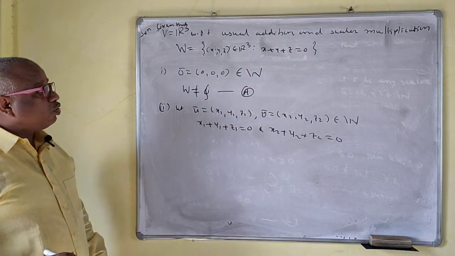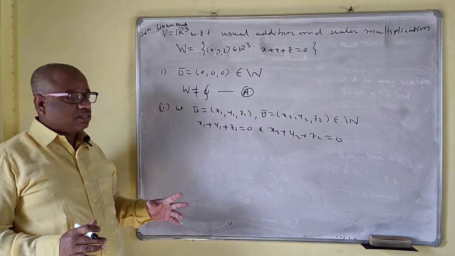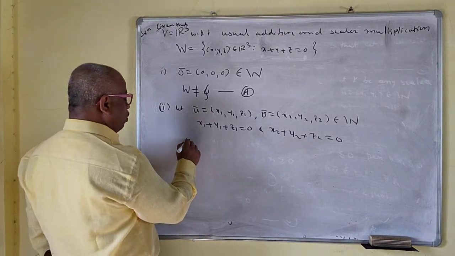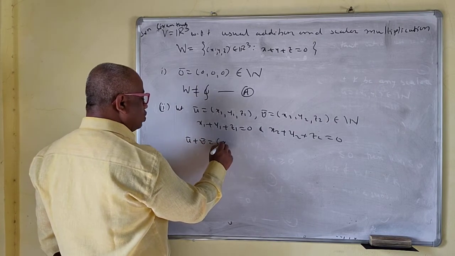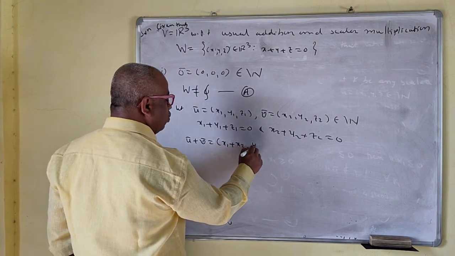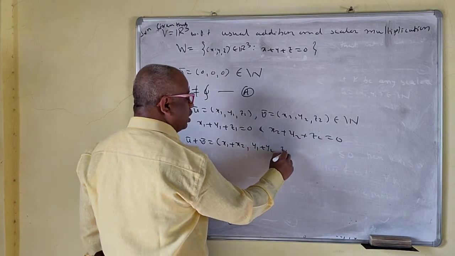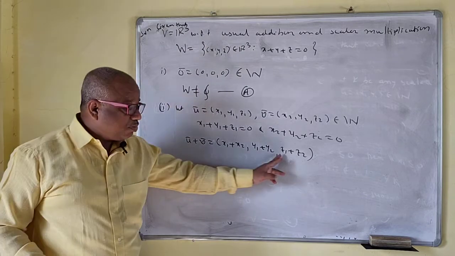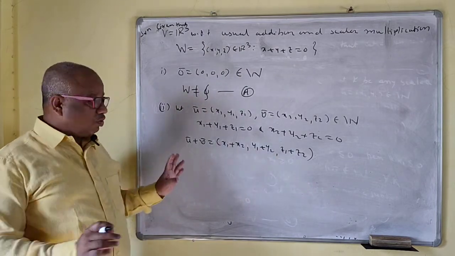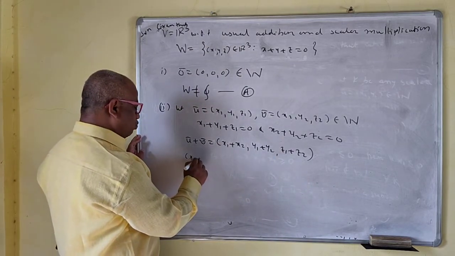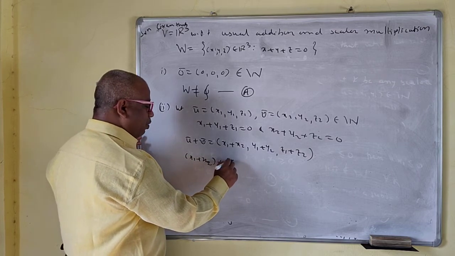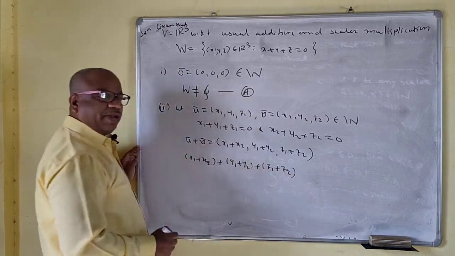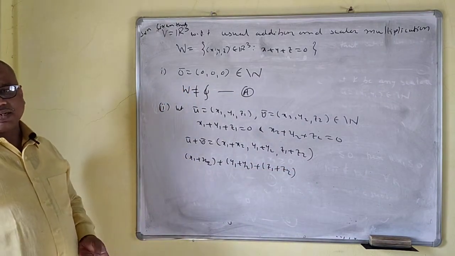Now we want to prove that u bar plus v bar is a vector of W. So u bar plus v bar is (x1 plus x2, y1 plus y2, z1 plus z2). It is a vector of W if the sum of all coordinates is 0, so we'll find the sum: x1 plus x2 plus y1 plus y2 plus z1 plus z2. If it is 0, then u bar plus v bar is a vector of W.